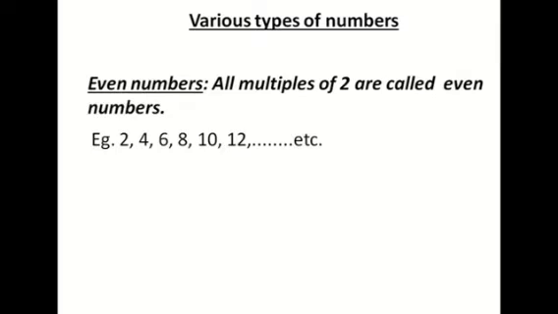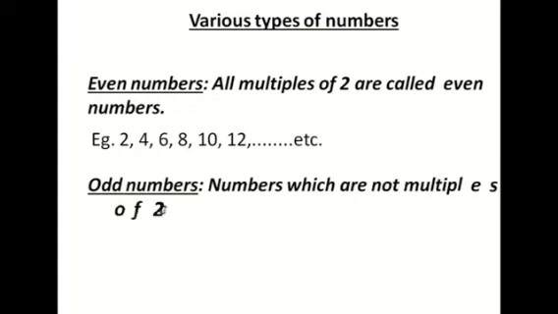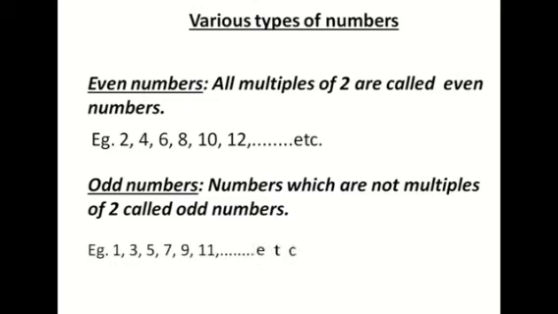Okay, so as we have spoken about even numbers, automatically odd numbers come to your mind. So what are odd numbers? Numbers which are not multiples of 2 are called odd numbers. Examples: 1, 3, 5, 7, 9, 11, 13.